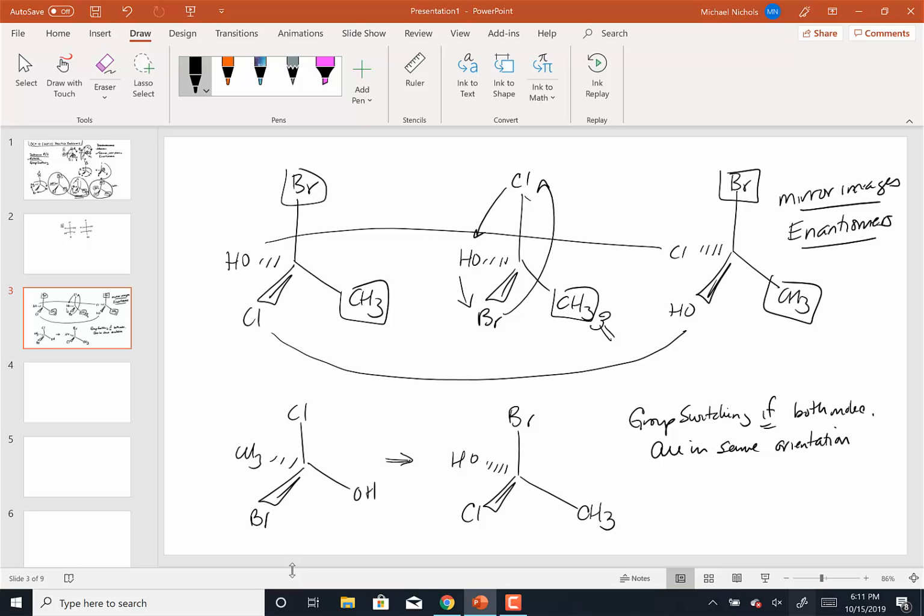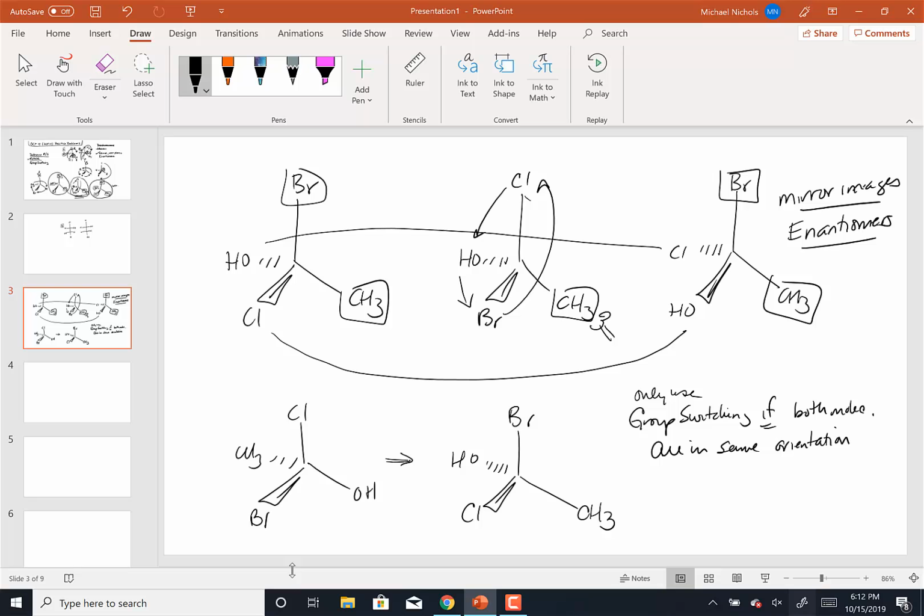The dashed wedge has to be in the same direction, and the bold wedge has to be in the same direction. So you can only use group switching when both of the molecules are in the same orientation. If they are not, you cannot use group switching. In that case, you might be relegated to doing R and S.